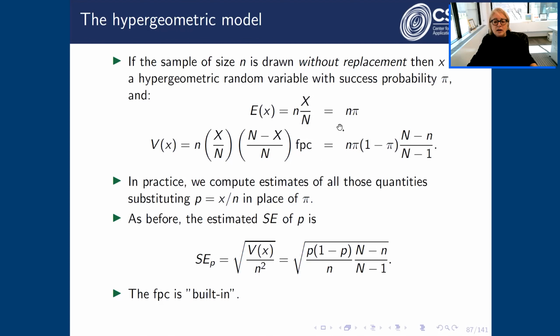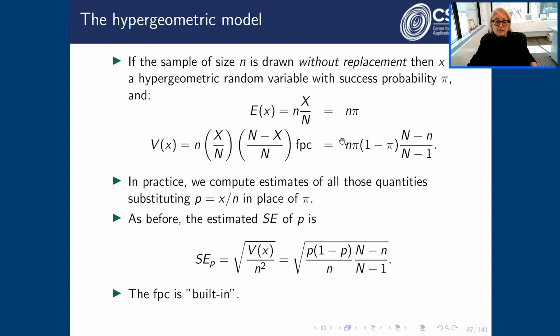In practice, if you happen to have a relatively small population and you're sampling without replacement, and you are computing P the same way we computed before, the number of positives in the sample divided by the sample size, then when you compute the standard error of P, you have to be careful. The formula you need to use is the one we have over here.